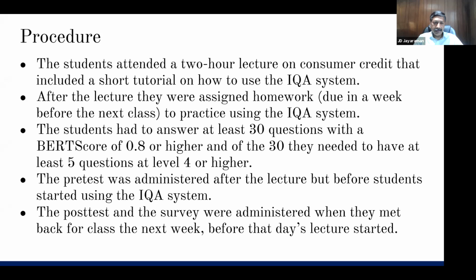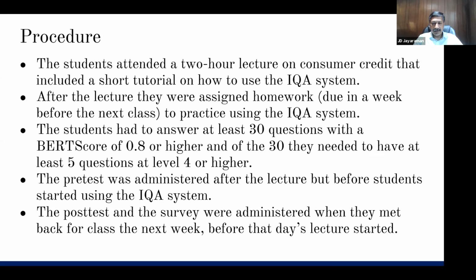The students attended a 2-hour lecture on consumer credit that also included a short tutorial on how to use the IQA system. After the lecture was over, they were given homework due before the next class, a week later, to practice using the IQA system.